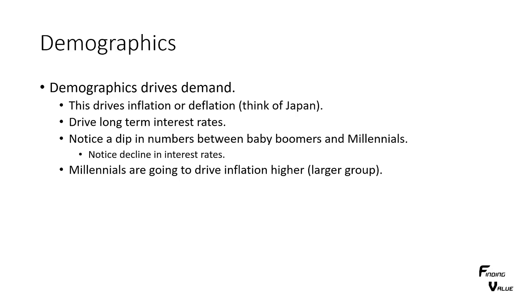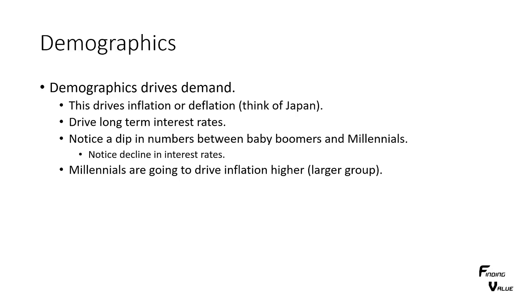Gen X is a smaller group of population than baby boomers and millennials. That is where we got this big decline from 1980 till today in interest rates, because of that decline in population. I'll show you in the next slide what that looks like.